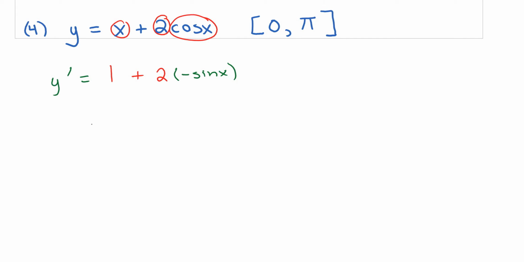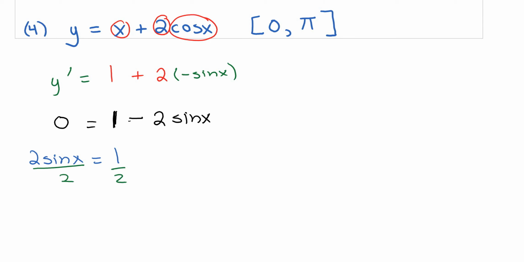So this would now be 1, sorry, my pen's not working, 1 minus 2 times sine x. So 1 minus 2 times sine x equals 0. And then if I went ahead and solved this, I would get 2 sine x on the other side equals 1. And then I can divide both sides by 2. And now I would get sine x equals 1/2.